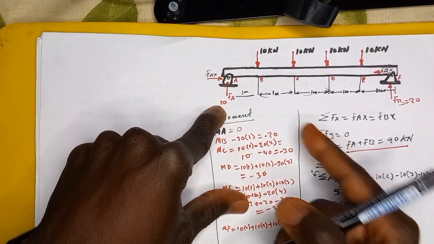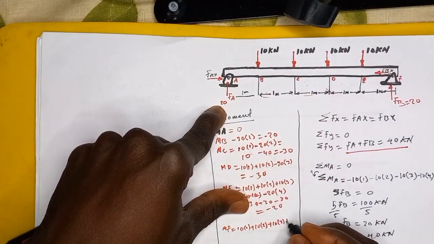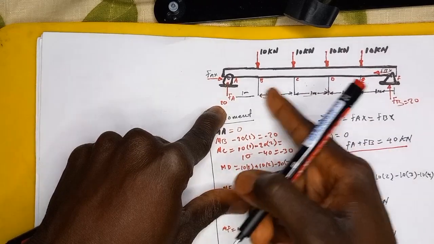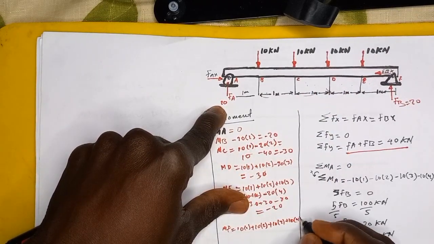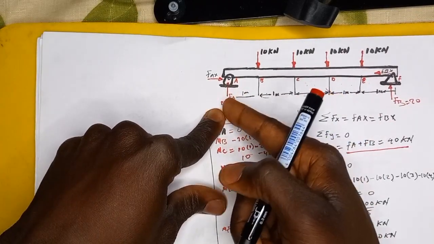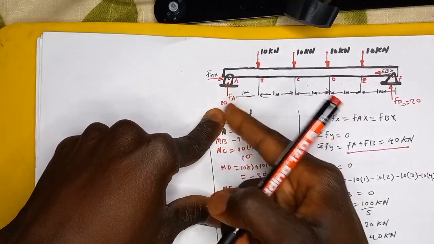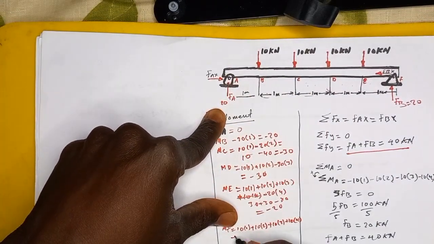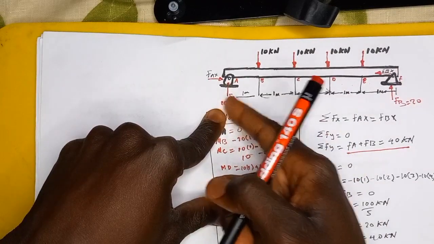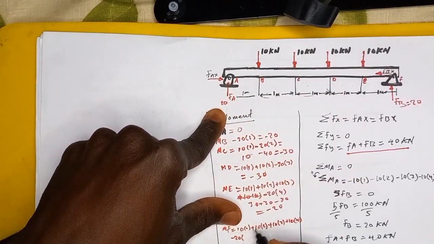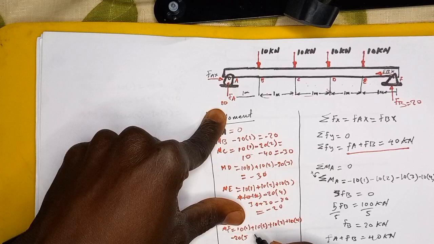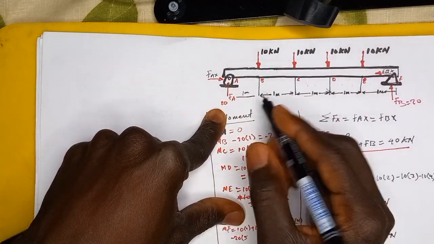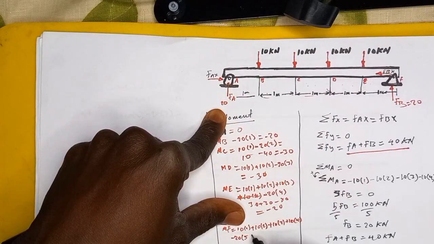We have 10 again plus 10. The distance away is 4. Then we have this 20 kilonewton force that is going in a clockwise direction, 20, and the distance away is 5. The distance away from this 1, 2, 3, 4, 5 is 5.